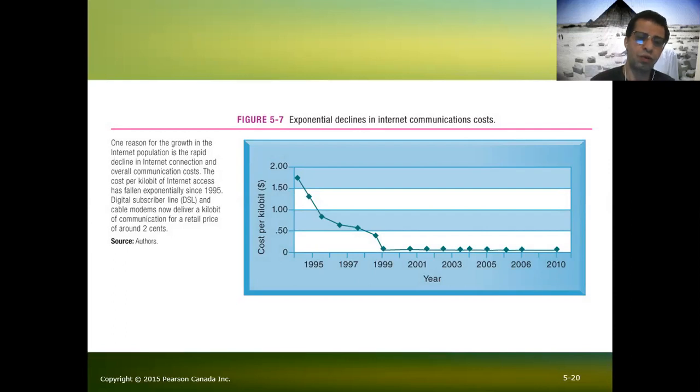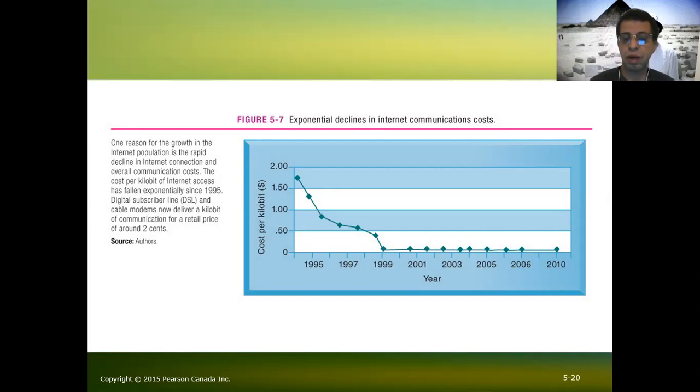One reason for the growth in the internet population is the rapid decline in internet connection and overall communication costs. The cost per kilobyte of internet access has fallen pretty deeply.